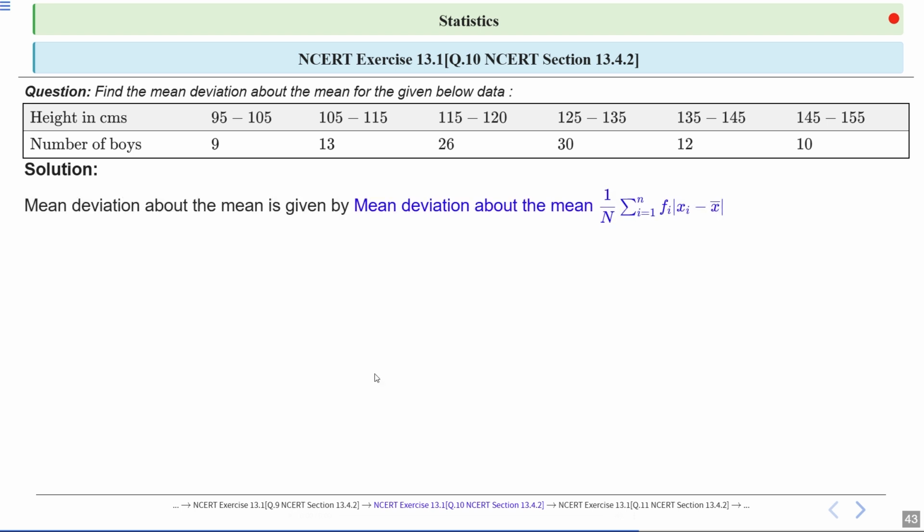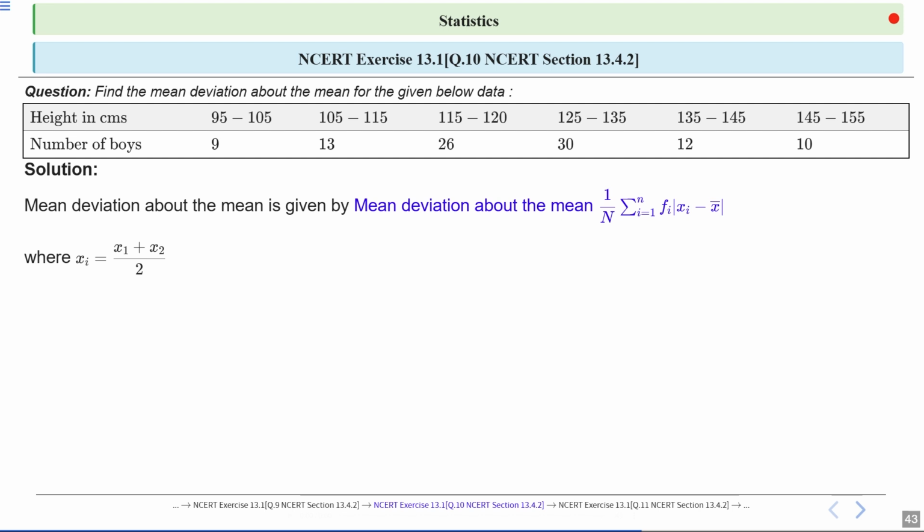So first, let's recall the formula for mean deviation about the mean. It is: mean deviation about the mean is equal to 1 divided by n multiplied with sum of fi times absolute value of xi minus x bar, where n is the total number of observations and fi is the frequency of each class, xi is the midpoint of each class, and x bar is the mean.